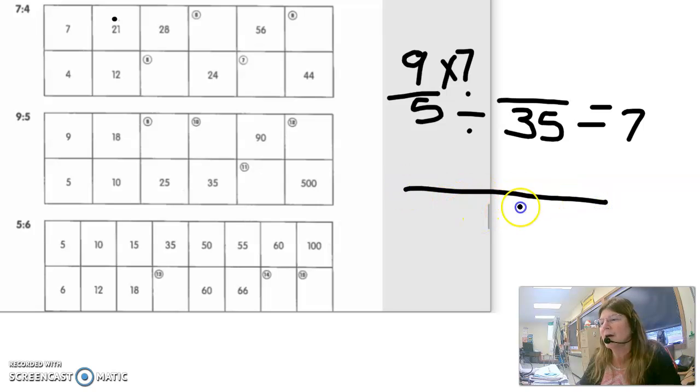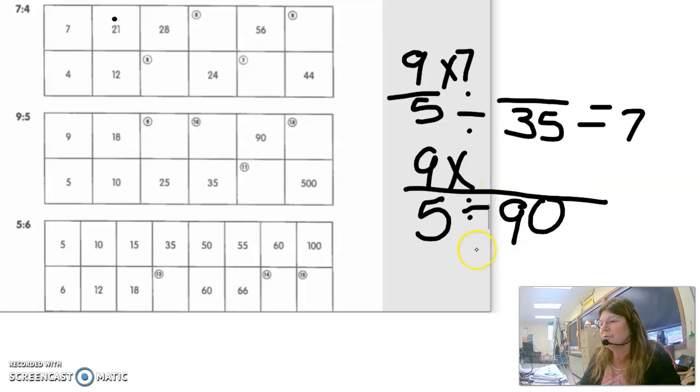So if you have 90 on the bottom, how many times will 5 go into 90? And on the top, we have 9, and that will be 9 times your answer. Okay, and that's a pretty easy one to do.